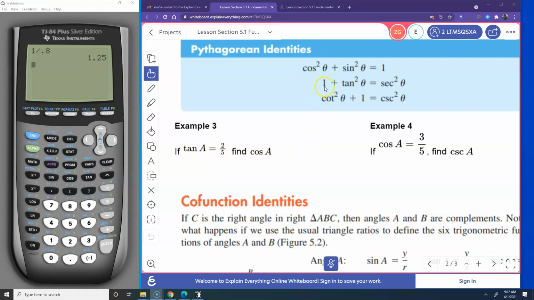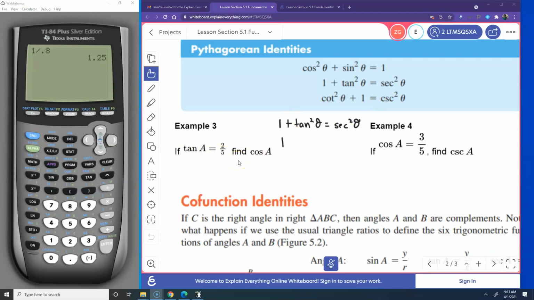I'm going to show you why the second formula is the most appropriate. I'm going to go ahead and show you the steps. So you have 1 plus tangent squared theta is equal to secant squared theta. Why? Because I know that cosine and secant are reciprocal, and of course we have tangent theta.